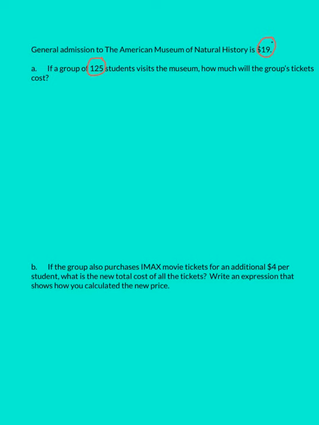So first we're just looking at how much their tickets will cost in letter A. And then in B, it's very similar. If the group also purchases IMAX tickets for an additional $4 per student, what is the new total cost of tickets? Also, making sure to write an expression that shows how you calculated the new price, not the price in A, but the new price.